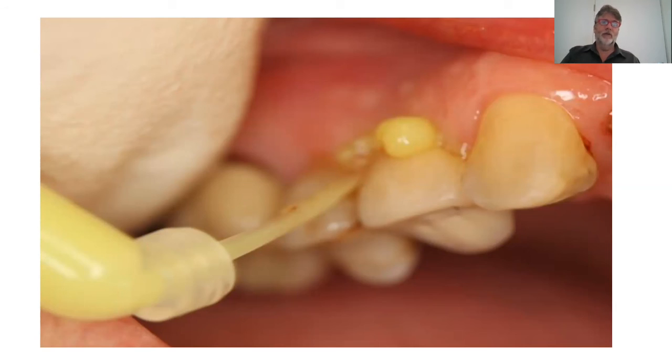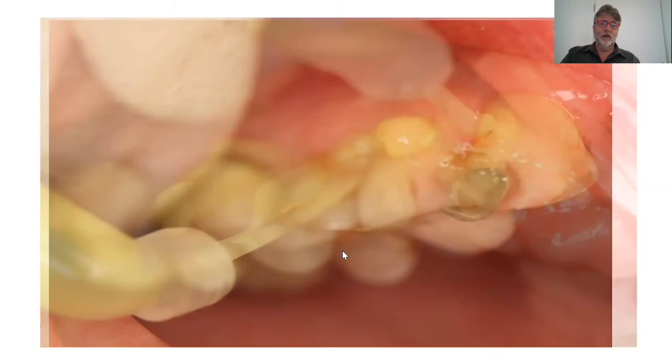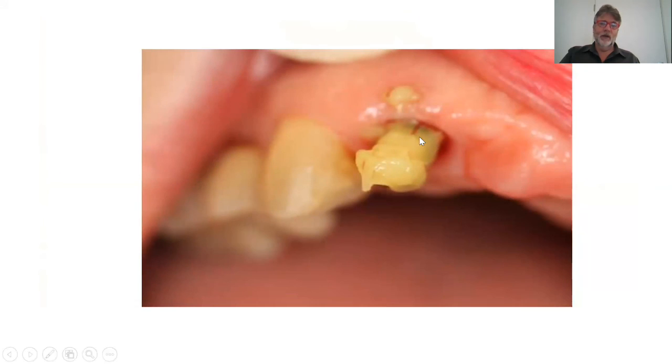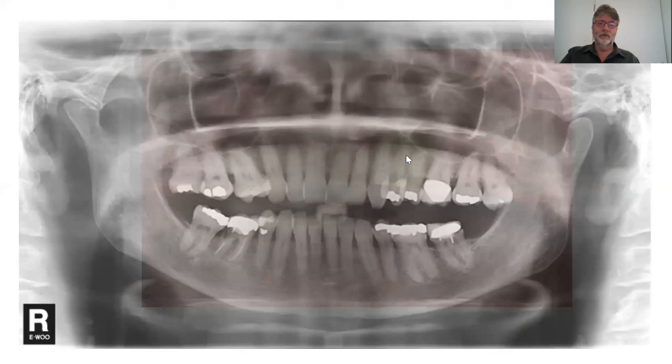I sometimes show the patients how to use this themselves, and they apply it at home. You can see we've applied it around there, and it's come out through the sinus, because a sinus has developed around here as well. I'm injecting it all over and I've got it coming out through the sinus as well.